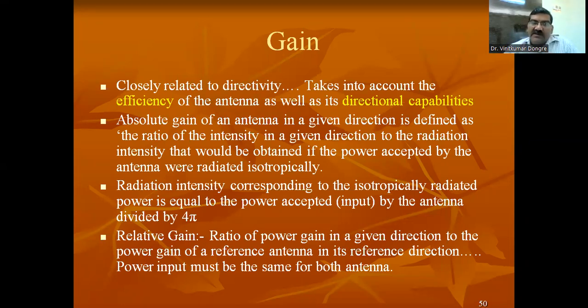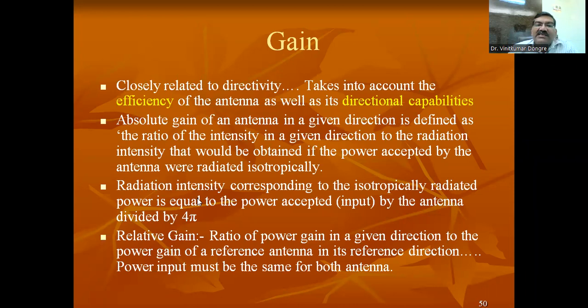So the absolute gain of an antenna in a given direction is defined as the ratio of intensity in a given direction to the radiation intensity that would be obtained if the power accepted by the antenna were radiated isotropically. It feels similar to the beam efficiency or the directivity, so we will go into detail.